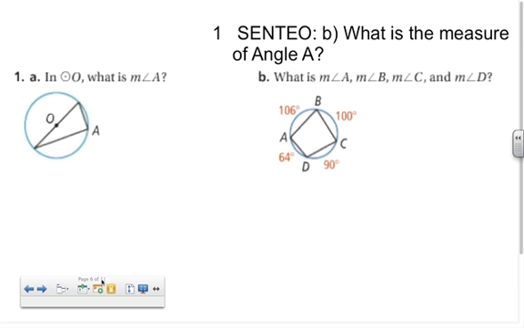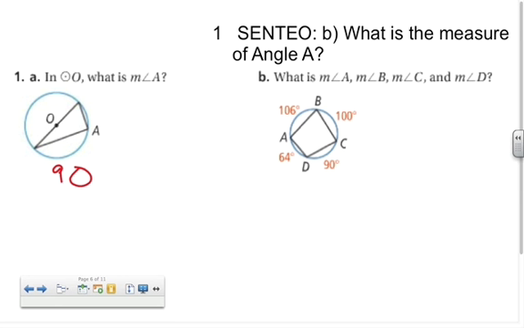Okay, from what I'm seeing and hearing, we either got this or we're kind of stuck-ish and I need to unstick you. So let's talk. In number 1, part A, most of you had no difficulty realizing that angle A, because it's an angle inscribed in the semicircle, is 90 degrees. In part B, you're finding 4 different angles of this quadrilateral.